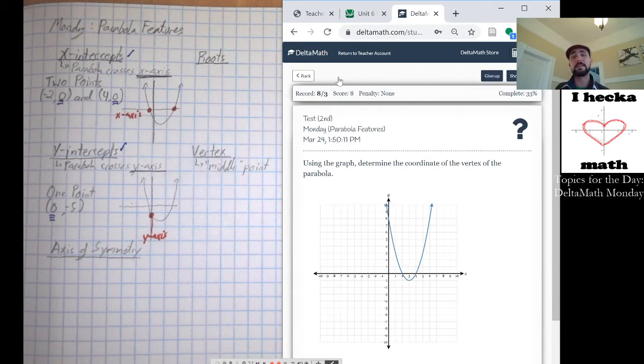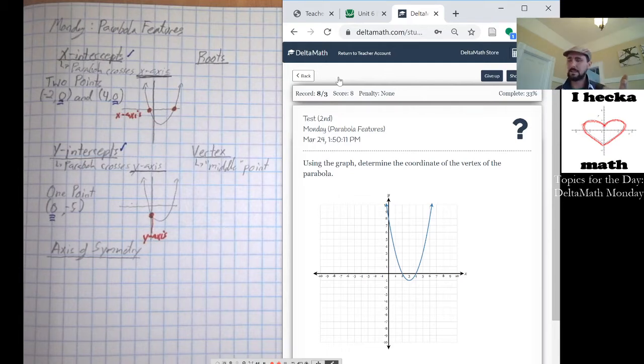In this example, when a parabola looks like this, the vertex is at the bottom of that parabola. But you guys have seen examples of parabolas that maybe go the other way, where the vertex is at the top of the parabola. And the way we talk about the vertex, the way we talk about either being at the top or at the bottom, these are all good things.